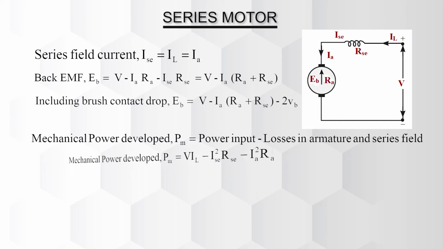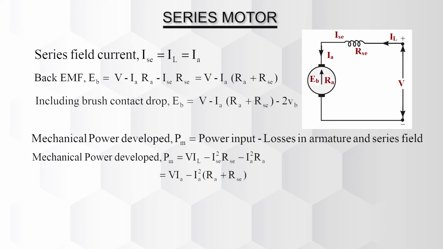So you can write PM is equal to V into IL minus ISE square RSE minus IA square into RA. Here you can notice that ISE is equal to IA. So how can you write this expression? It can be written as VIA minus IA square, which is common, in bracket RA plus RSE.